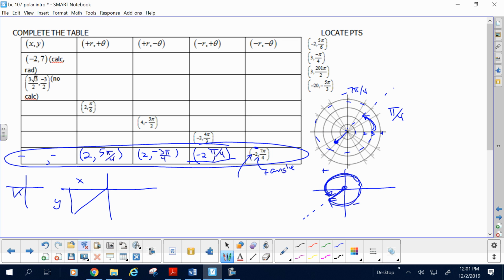But here I'm going out 2, so it's everything multiplied by a factor of 2. So it's cosine of that angle, but times 2. Negative root 2, because it would have been root 2 over 2 for the cosine, but multiplied by 2, we get negative root 2. You follow me? Okay. And what about the y? It's also negative root 2. Okay.